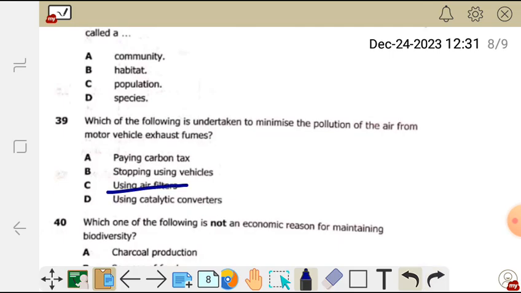So even when you filter the air, that gas which is toxic will also be generated in the earth, hence cause pollution. But if you use a catalytic converter, let's say carbon monoxide is produced during combustion, and then you convert that carbon monoxide to another gas which is not toxic, then you are minimizing the air pollution. So D is the correct answer in this case.